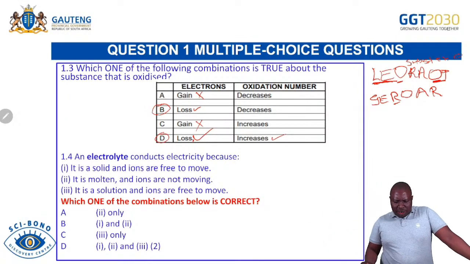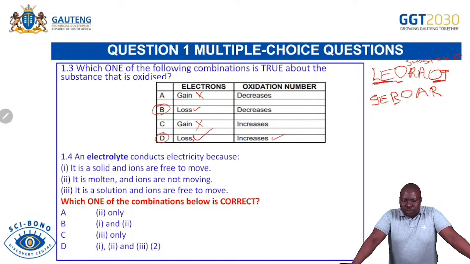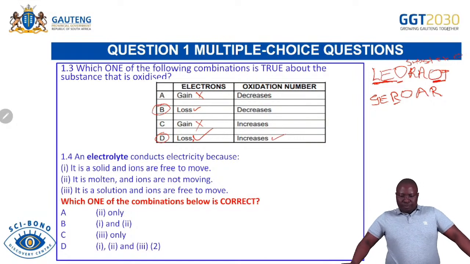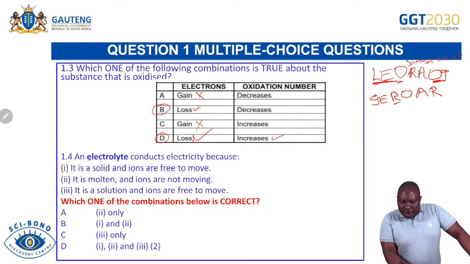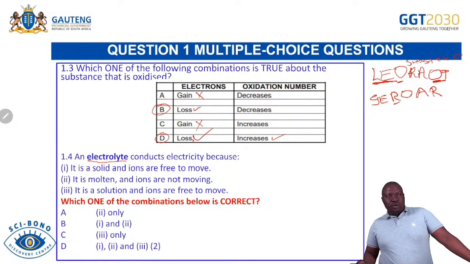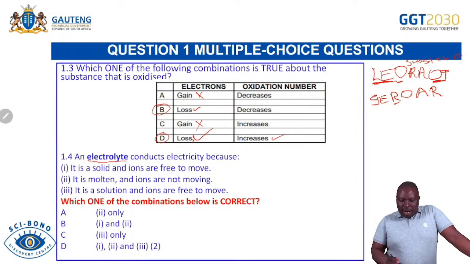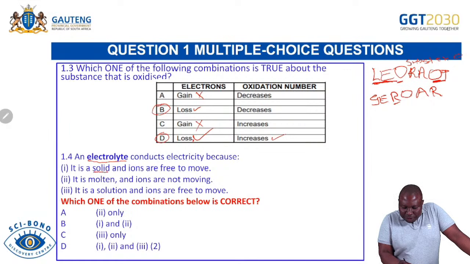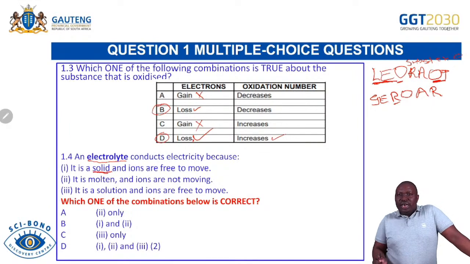Now, 1.4 is based on an electrolyte. If we know the definition of an electrolyte, it will simplify this. The question is saying an electrolyte conducts electricity because... It is a solid, that is option 1. Is an electrolyte a solid?